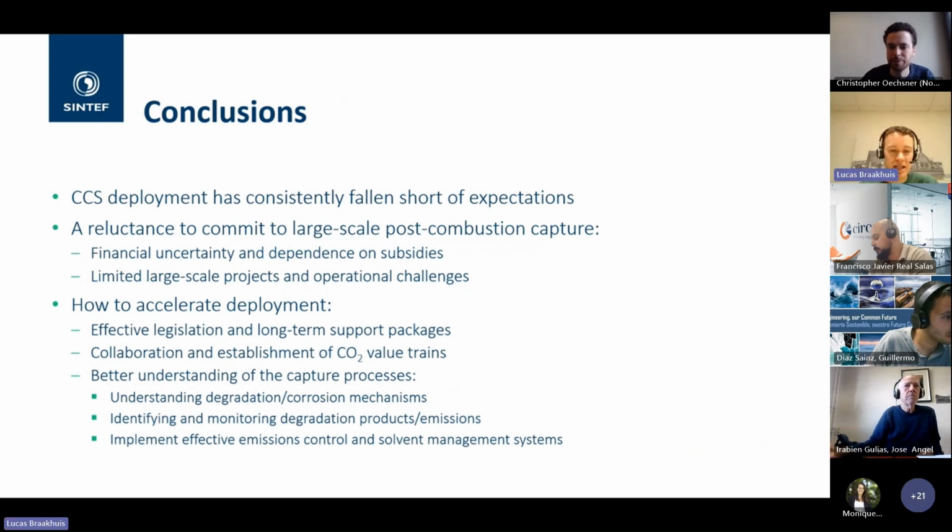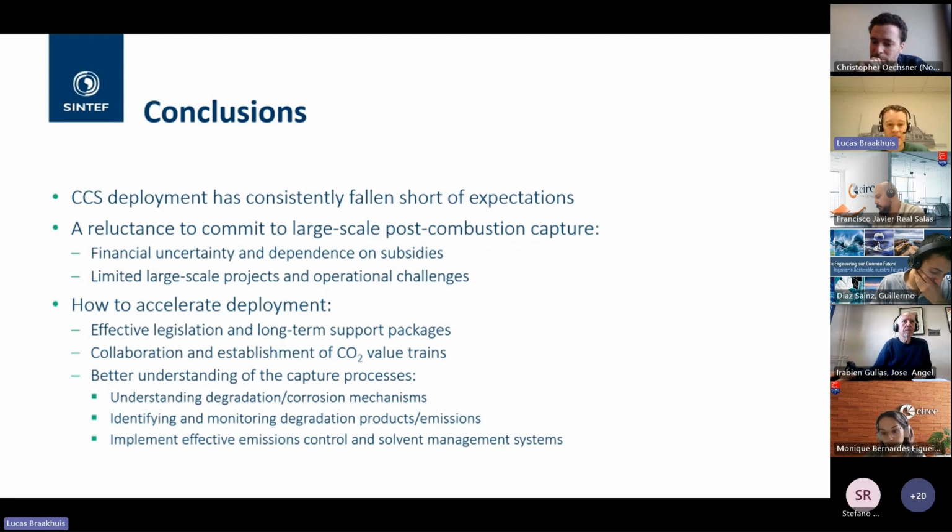To accelerate deployment, we need effective legislation and long-term support from government instances, and also to foster collaboration and growth of CCUS hubs and build these CO2 value chains.